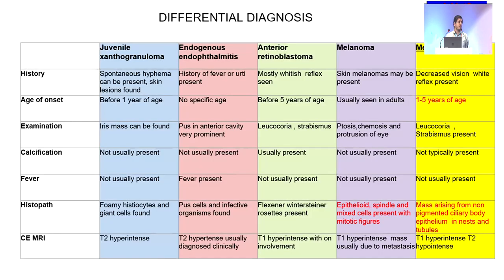We have to keep in mind that there are a few differentials of pediatric ciliary body mass, like medulloepithelioma. The age of onset corresponded with the patient. In melanomas, epithelioid and spindle cells are present, and there is no patchy enhancement. In anterior RB, calcification may or may not be present.